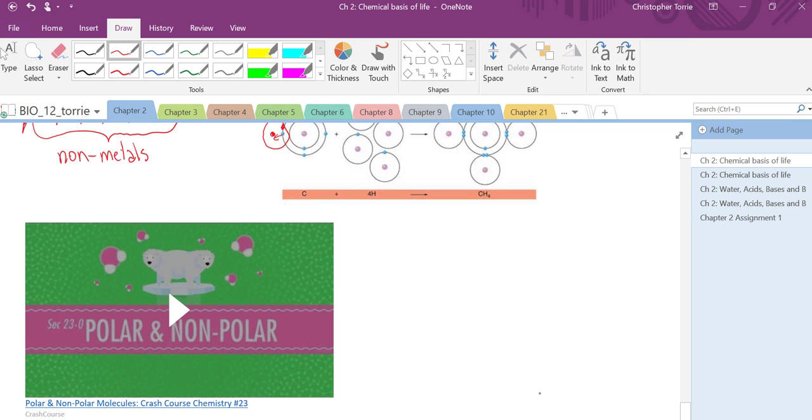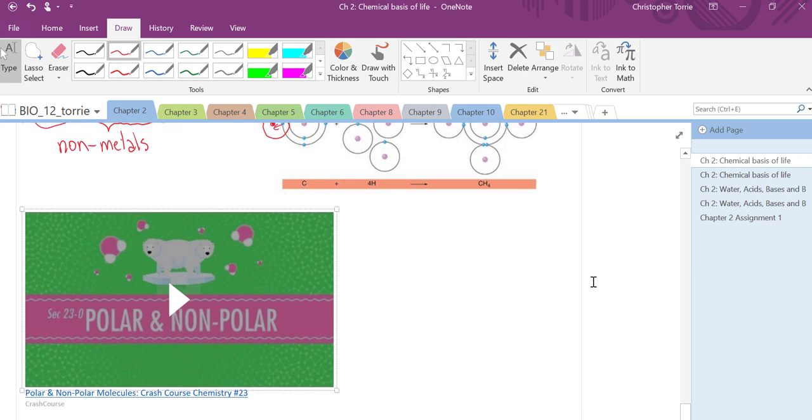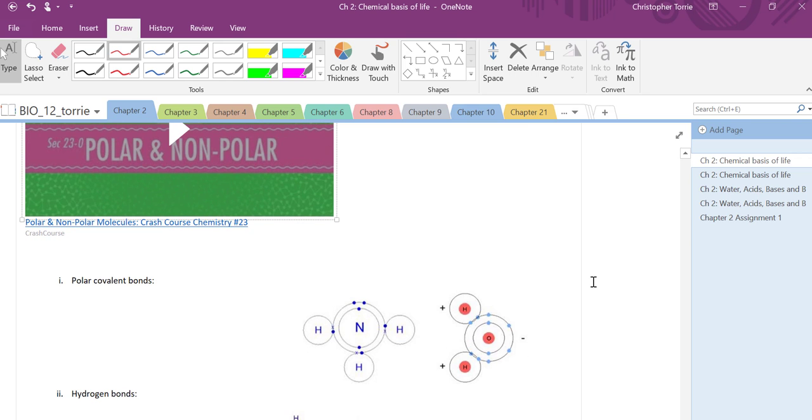When they're sharing perfectly equally, we have nonpolar, and when they're sharing unequally, we have polar covalent bonds. So let's look at an example. I have this compound here, which is commonly known as ammonia, present in lots of cleaners, Windex, stuff like that.